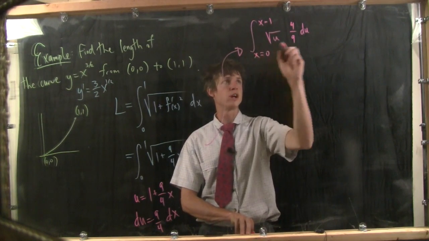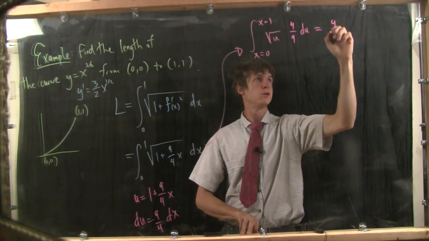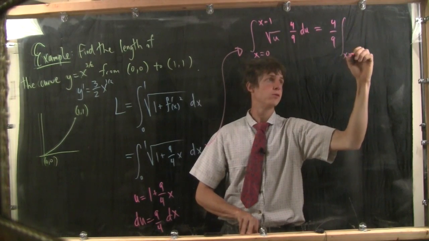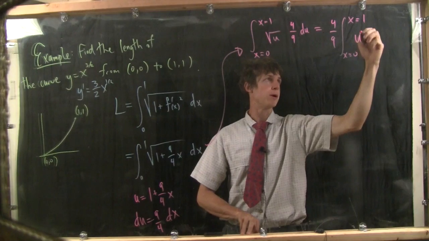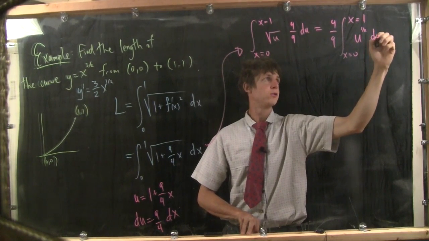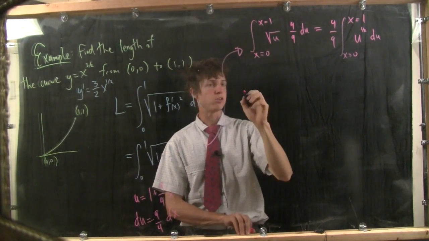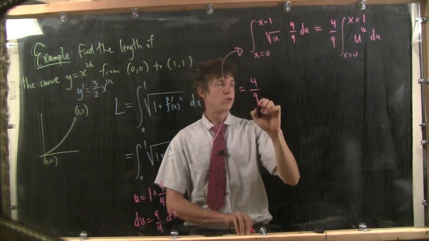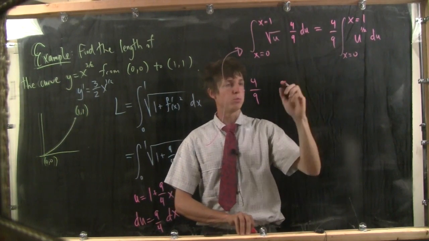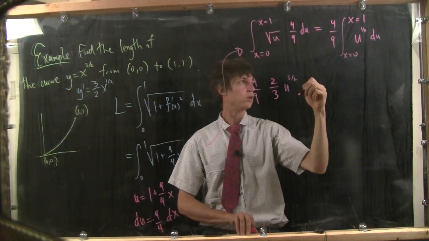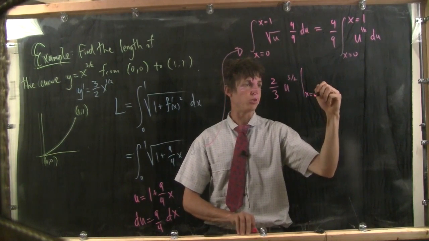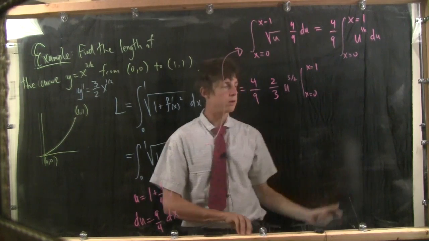I can kick this 4 over 9 outside. And the best way to think about the square root in calculus is u to the power 1/2. So now I'll use the power rule. So this is going to be 4 over 9. The antiderivative of this will be 2 over 3 times u to the 3 over 2. And this is between x equals 0, x equals 1.